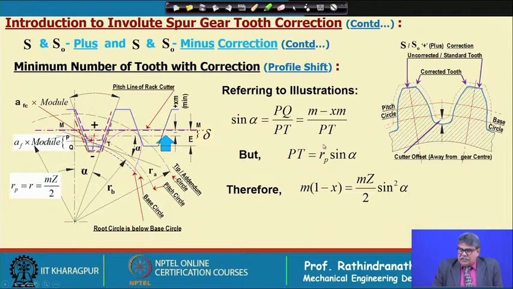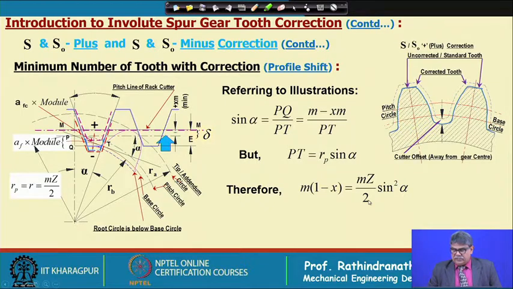So, we can write m into 1 minus x must be equal to Rp, which is m z by 2, that is the number of teeth into module divided by 2. We are still considering straight tooth spur gear, and if we put this by 2, this is becoming sin square alpha.